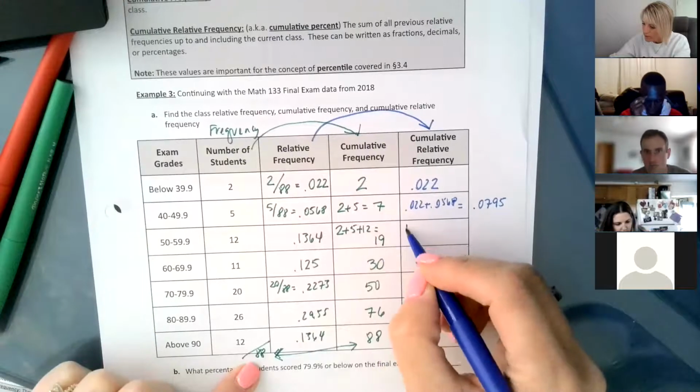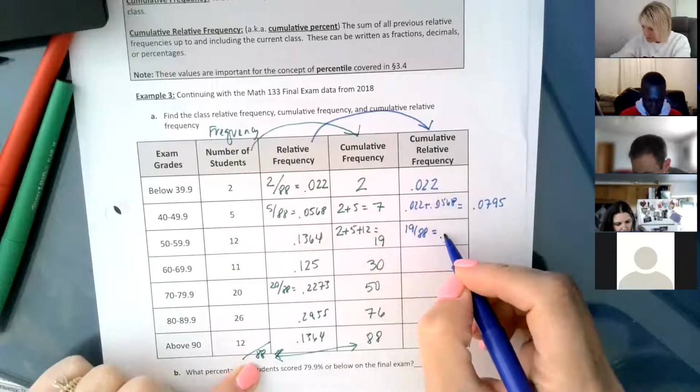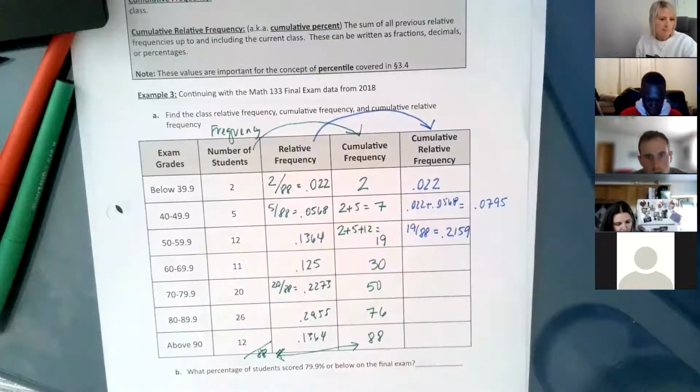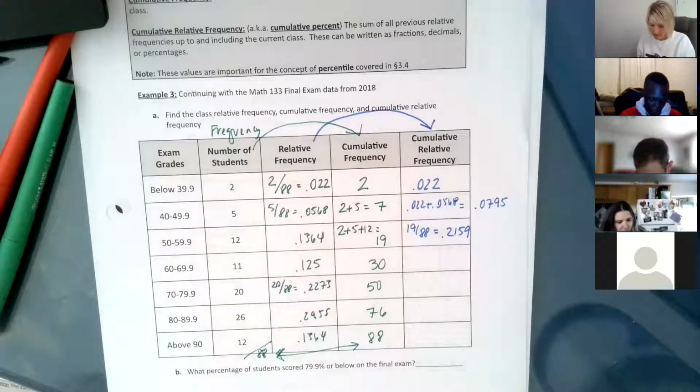So 19 divided by 88 should give me 0.2159. And that was 19 divided by 88. Okay.